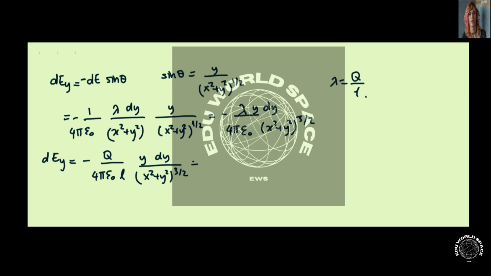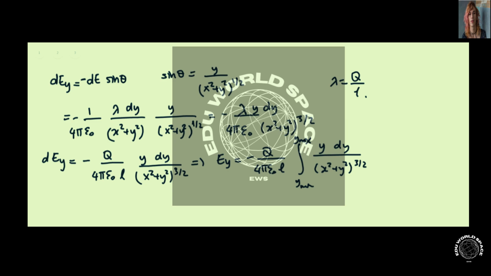Okay. From here, if we take the integral of both sides, Ey is going to be equal to negative q over 4 pi epsilon naught L, integral of y dy over x squared plus y squared to the 3 over 2, from y minimum to y maximum. And we can look up this integral again.